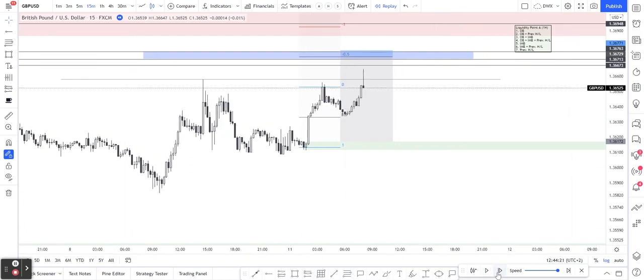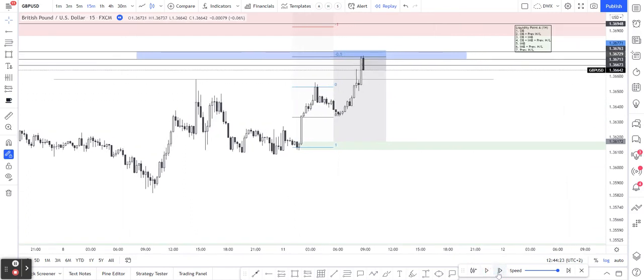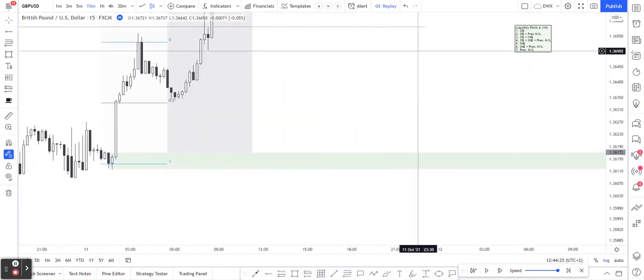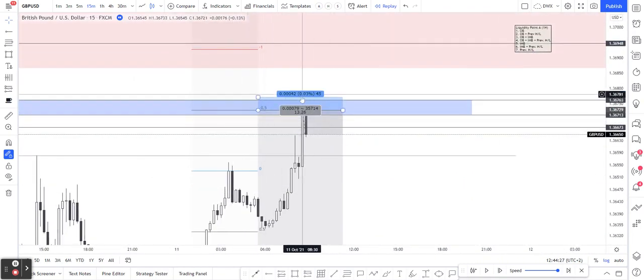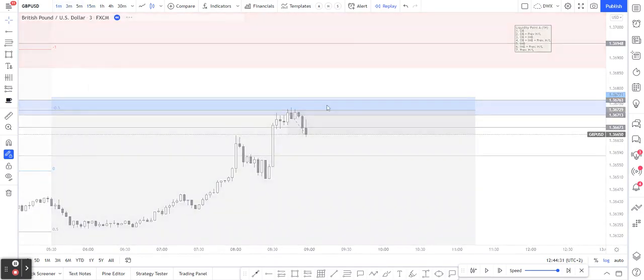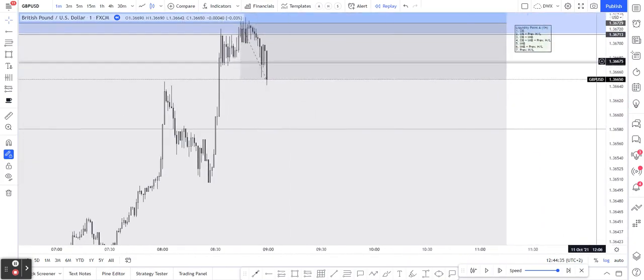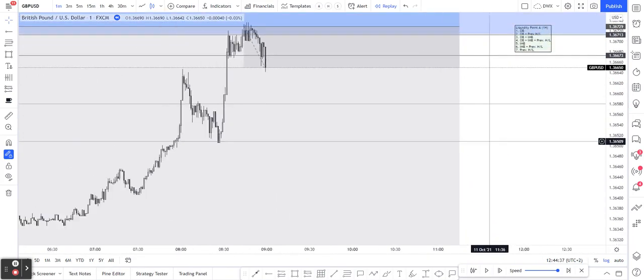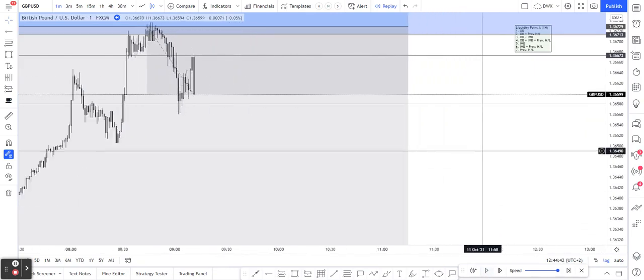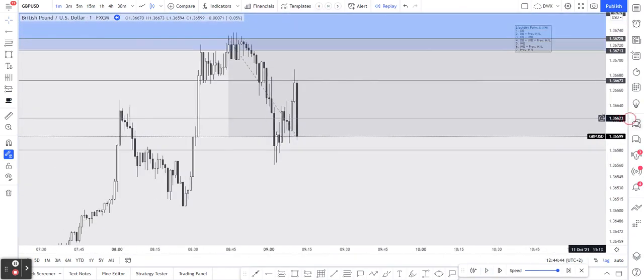We see price pushing up, tapping into that area exactly at our 0.5 in that zone. So we have a clean entry. Now we can drop to the 1 minute and we can look for further confirmation entries. Let's try to understand and see how the 1 minute behaves and reacts. So here we have our first one.